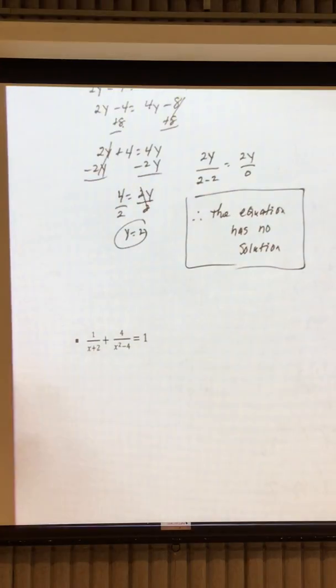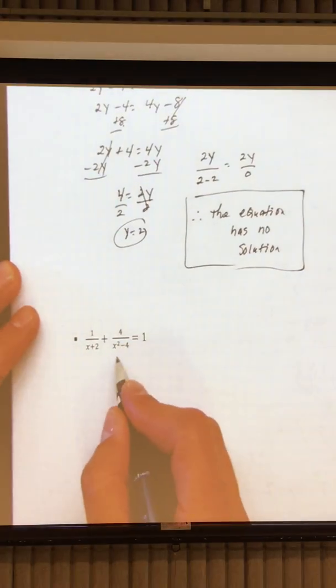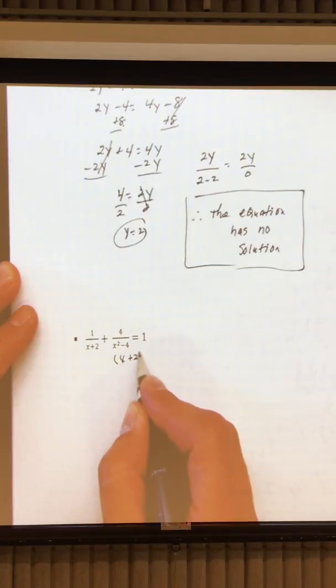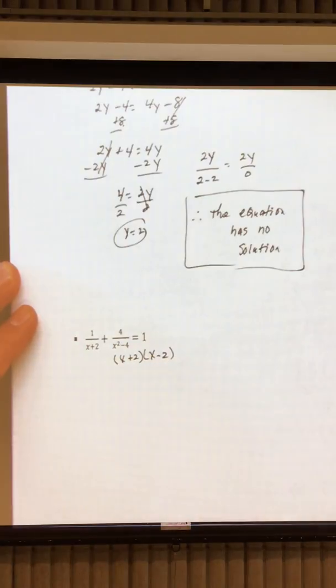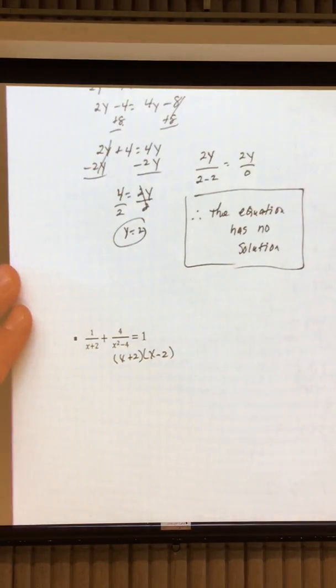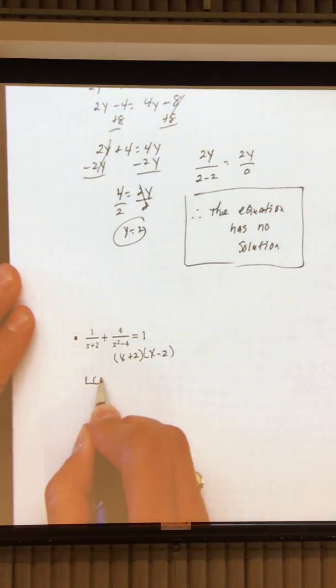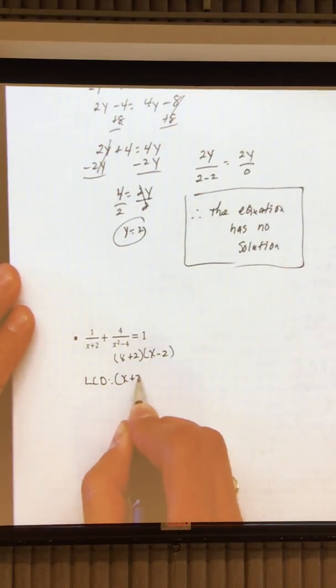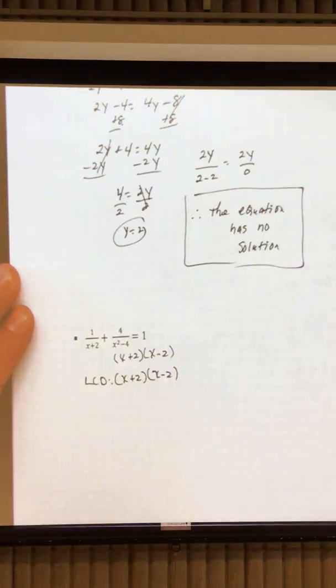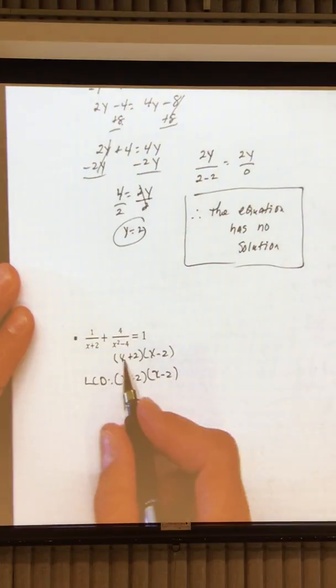Next problem, you have here an x squared minus 4, which is the same as x minus 2 times x plus 2. So our least common denominator is x plus 2 times x minus 2. Therefore, we multiply all fractions by that least common denominator.